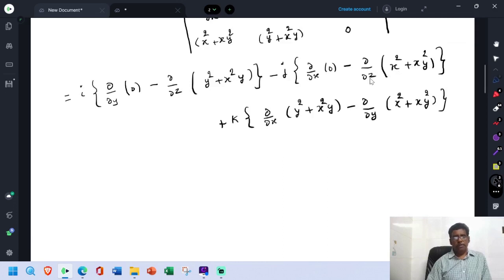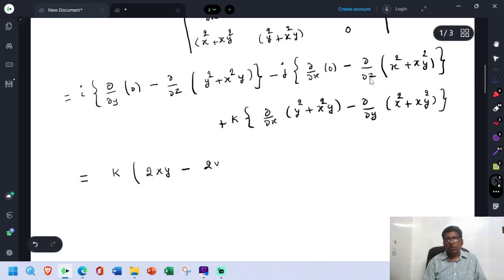Therefore, this is equal to k into dou by dou x of y square is 0, dou by dou x of x square y is 2xy, minus dou by dou y of x square is 0, dou by dou y of xy square is 2yx.